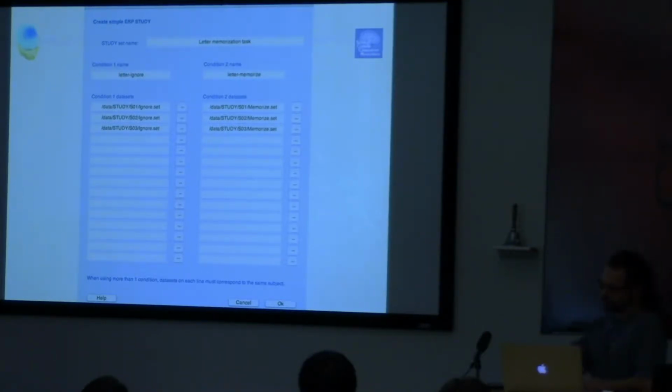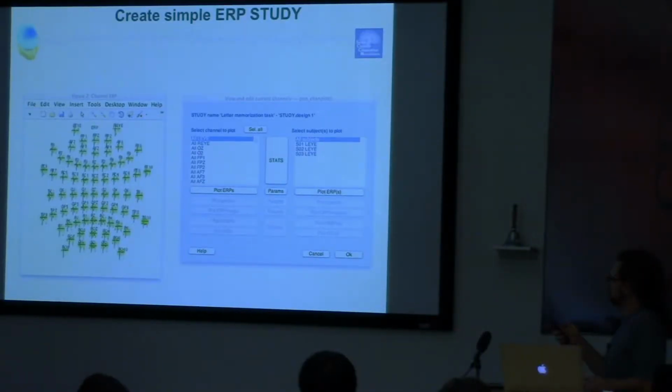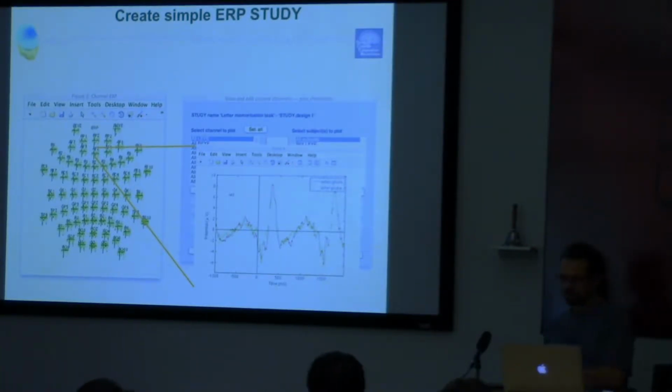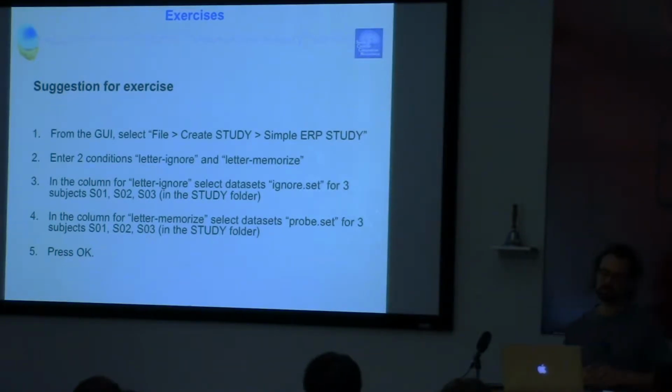And then you press OK, and you get this plot where you get the grand average ERP across all your subjects. You can click on the individual plots, kind of zoom in, and then you have this interface, which I'm going to talk about a little bit later. But basically that's it. So that's the first exercise.